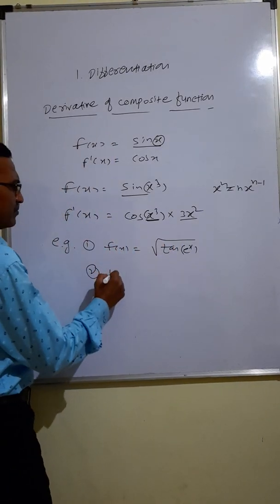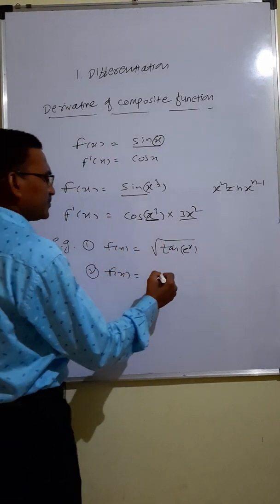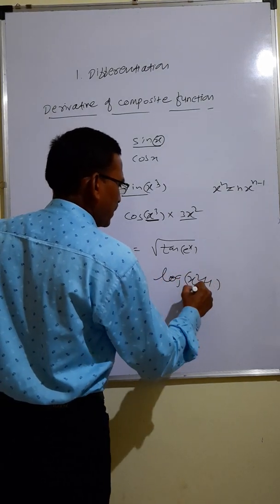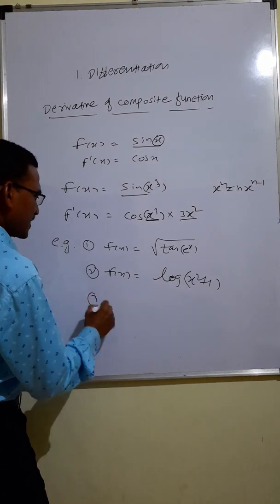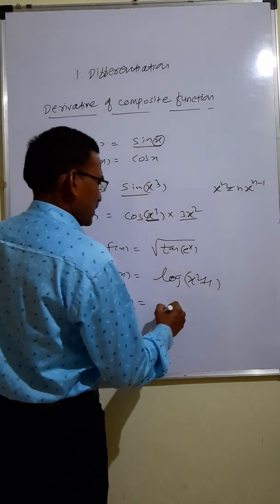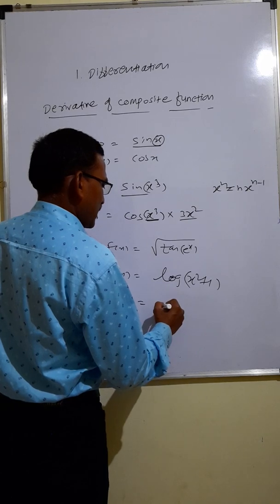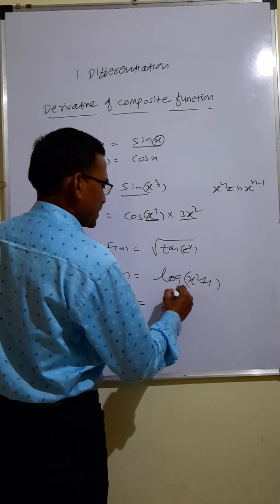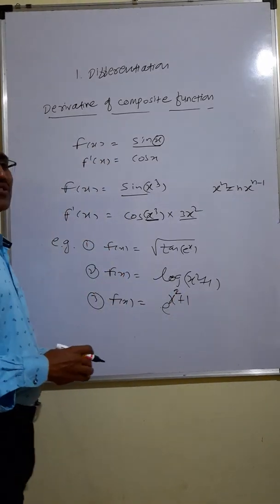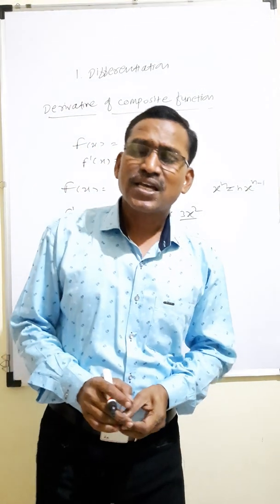Next example, log of x square plus 1. Third example, e raised to x square plus 1. So these are a few examples of composite functions.